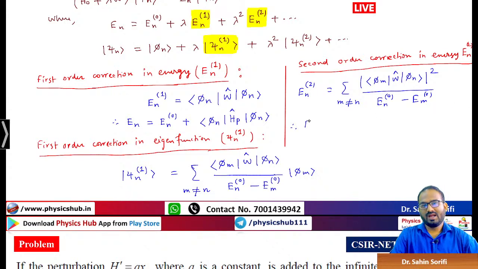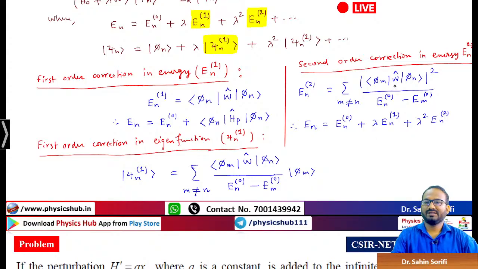So if you add the second order correction, how can we do it? We have to write the zeroth order En0, then lambda times the first order correction. Sometimes this exists as one term, lambda is somehow absorbed here, plus lambda square En2.